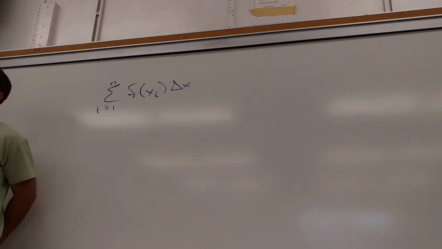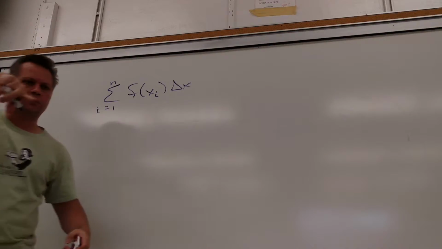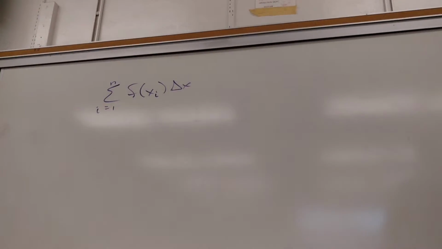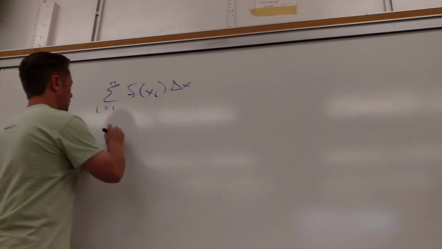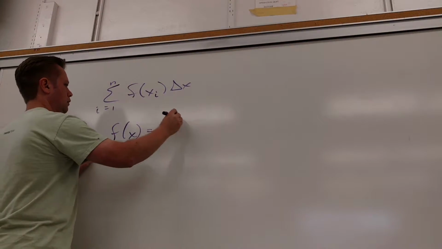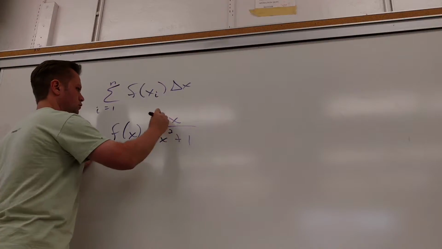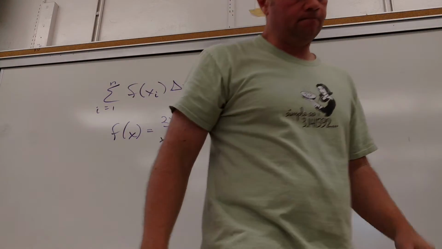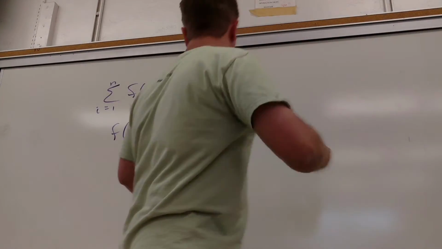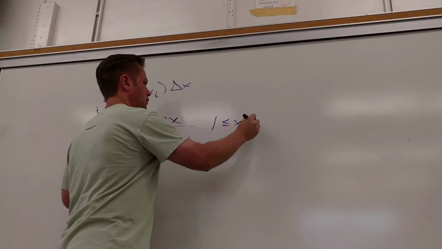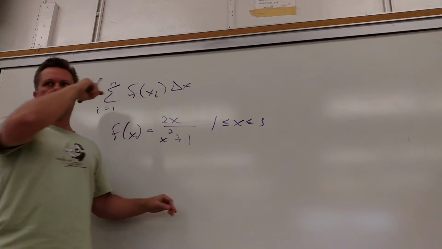So all this question is asking you is, take the function they give you. They give you this function here, 2x, and it goes from 1 to 3. And then put it in this form.